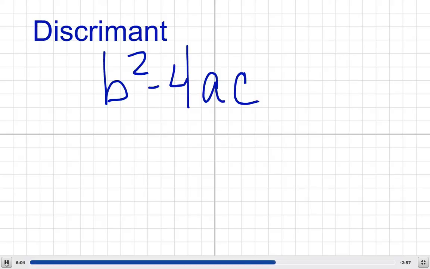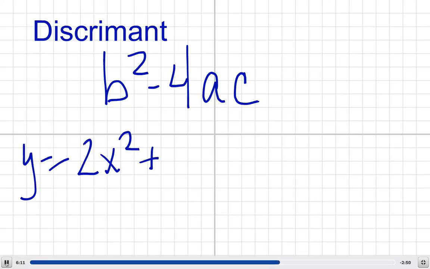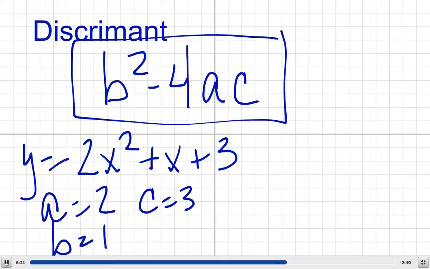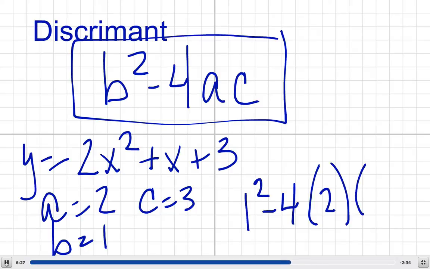So for instance, if I have the equation y is equal to 2x squared plus x plus 3, I know that a equals 2, b equals 1, and c equals 3. When I put it into my discriminant equation, that means I'm going to have 1 squared minus 4 times 2 times 3.